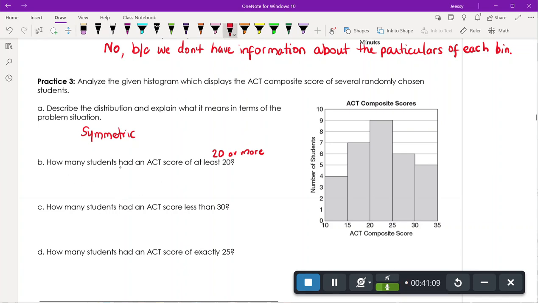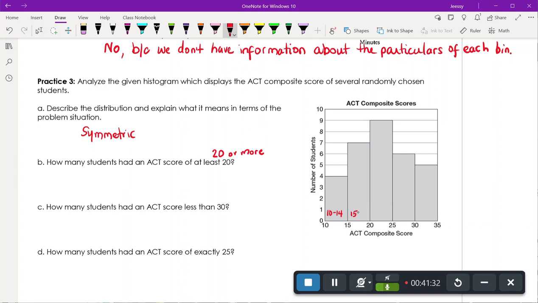All right, how many students had an ACT score of at least 20? All right, so here is from 10 to 15, right? This is from 15 to 20. And then 20. Oh, wait, it doesn't repeat. That's why I hate histograms. This one is 10 to 14.